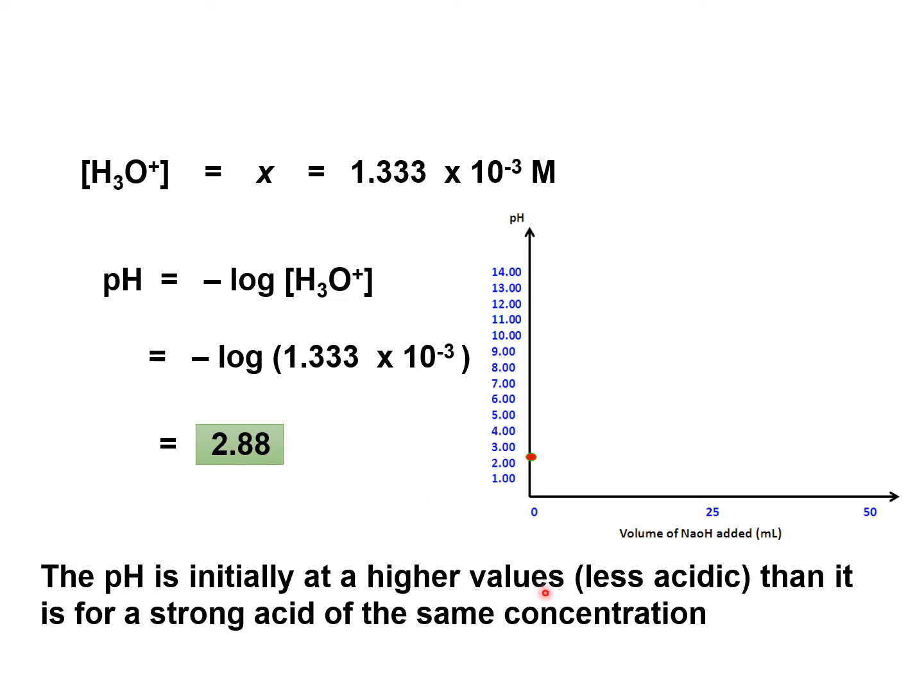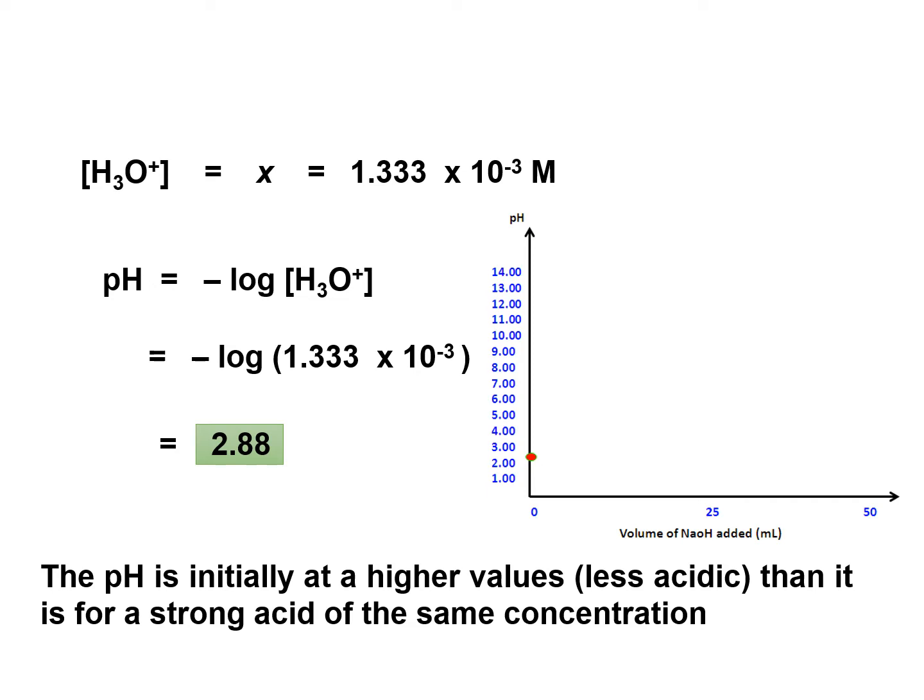Why? Since we have a weak acid, it is less acidic. That's why the value is higher than it is for a strong acid of the same concentration. The concentration we use is the same, which is 0.1 molar weak acid.